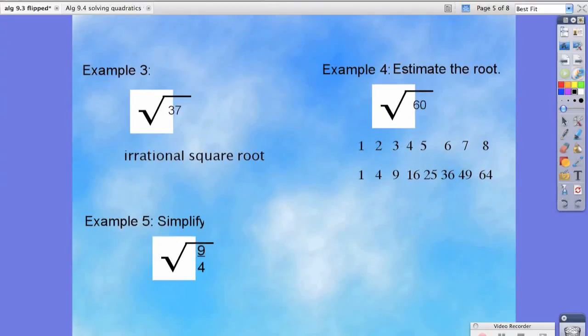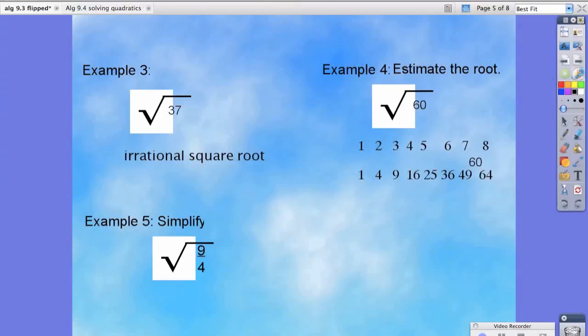You'll see two lists of numbers. The first list of numbers are just the numbers in general. Below them are their appropriate squares. Now the question is to figure out, where does 60 fall in between? Obviously it doesn't fall in between 1 and 4, or 4 and 9. It actually falls in between 49 and 64.